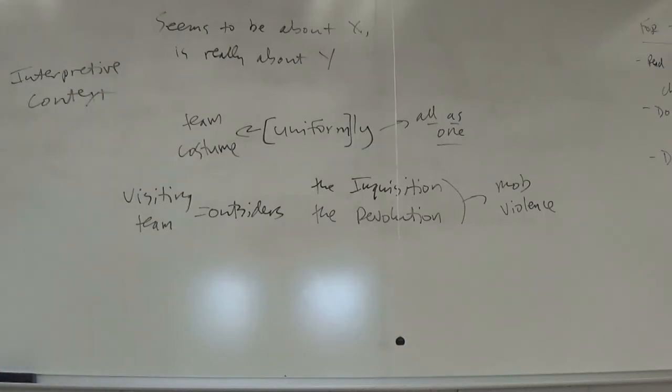An interpretive context is the lens through which we're looking at the text we're examining, right? In this case, we're using typical crowd behavior at baseball games as an interpretive context, right?